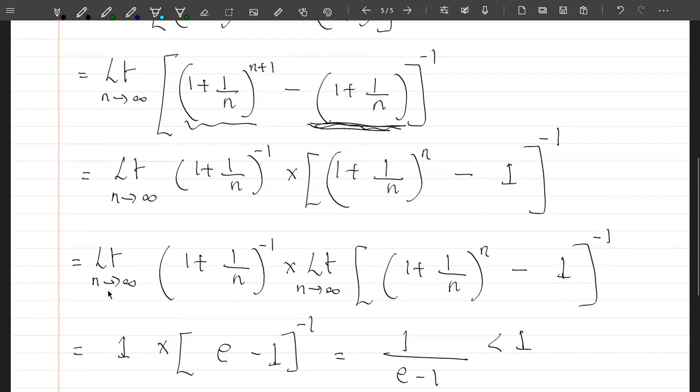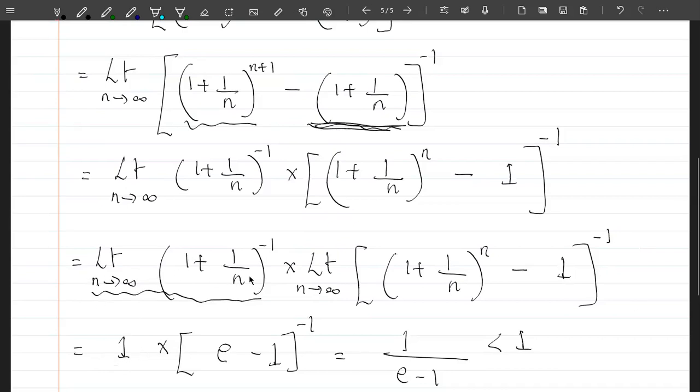Now as n approaches infinity, what will be the value of this particular first limit over here? I get 1 plus, what is 1 by infinity? 1 by infinity is 0. So I get 1 power minus 1. What is 1 power minus 1? That's equal to 1. So here I get 1.